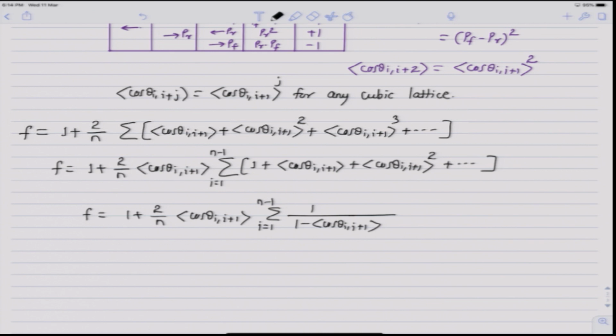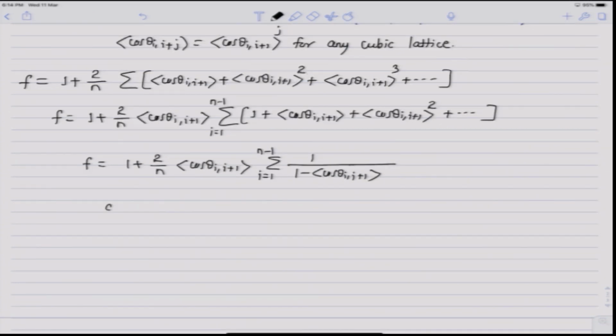Now, as I said earlier, as n tends to infinity, or for large values of n, the average of cos theta (i, i+1) would be independent of i. That means it should not matter which pair of successive jumps we are considering, the average of cosine between the two successive jumps will be the same for any pair, the average taken over all the atoms.